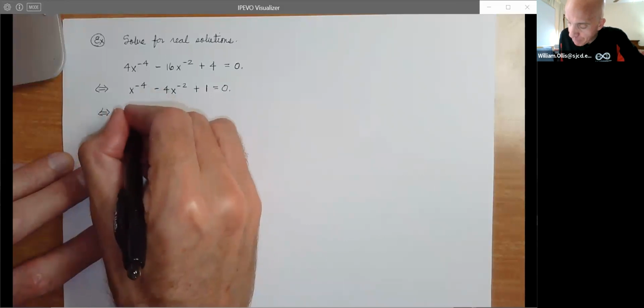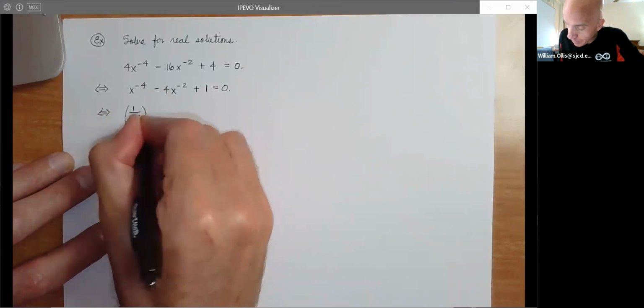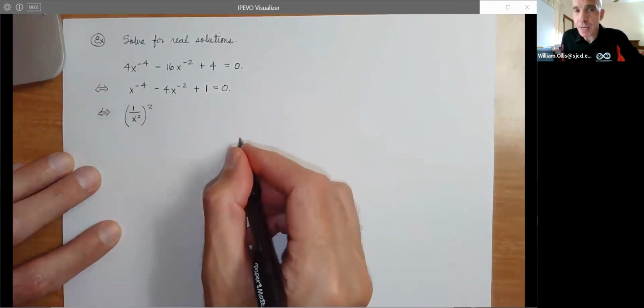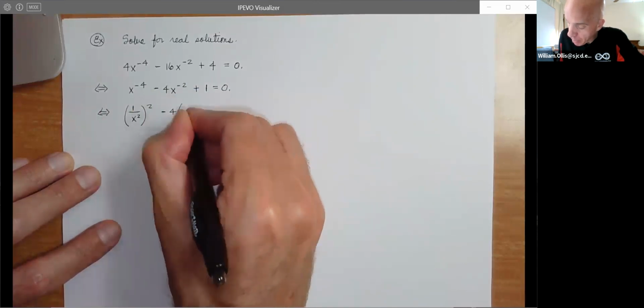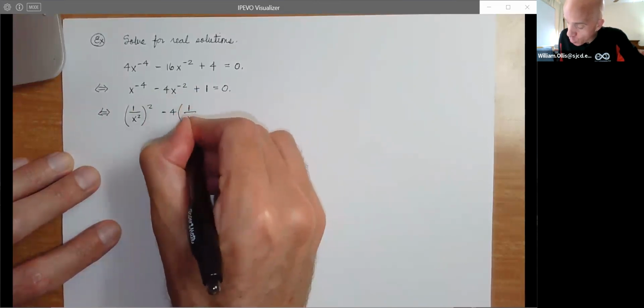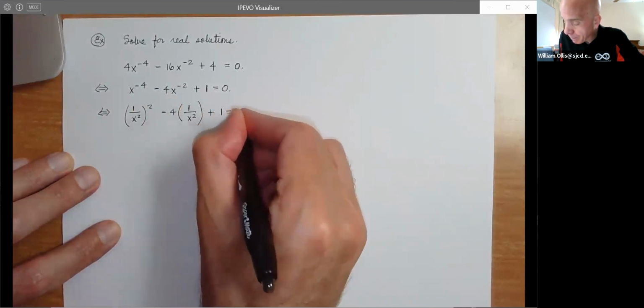So for instance, we can do this. We can just write 1 over x squared for x to the negative 4 minus 1 over x squared plus 1 equals 0.